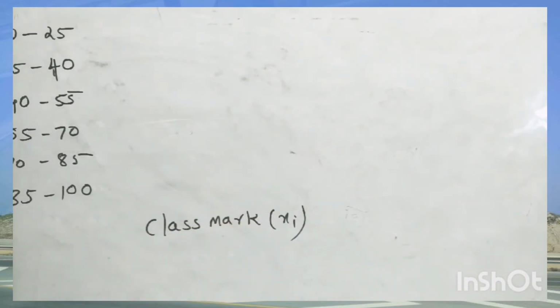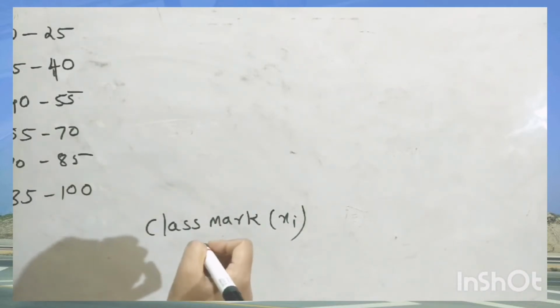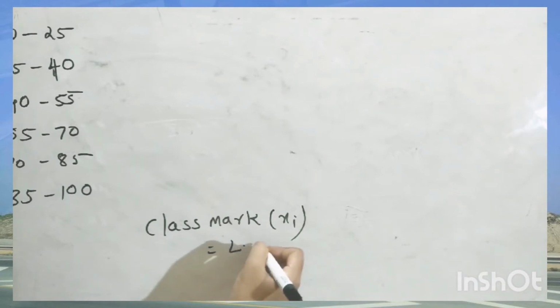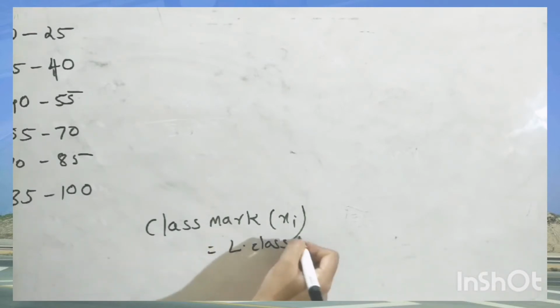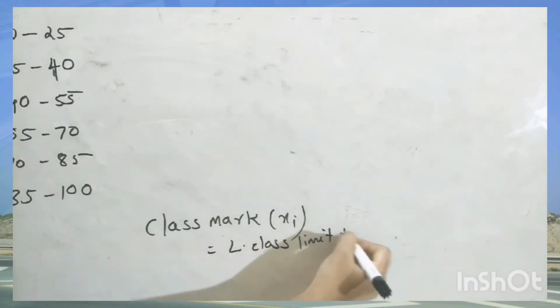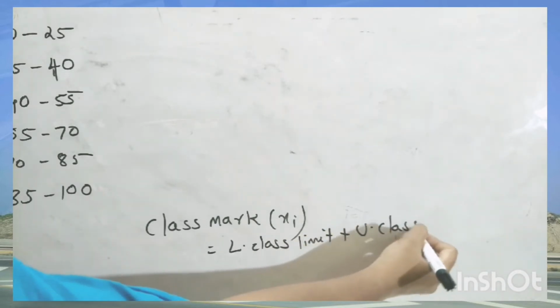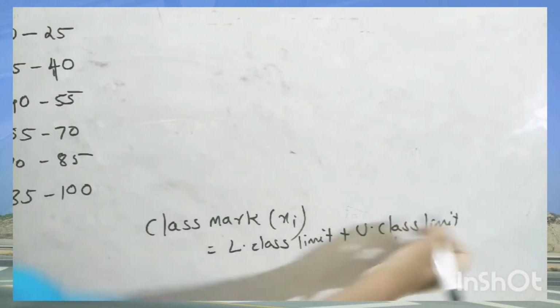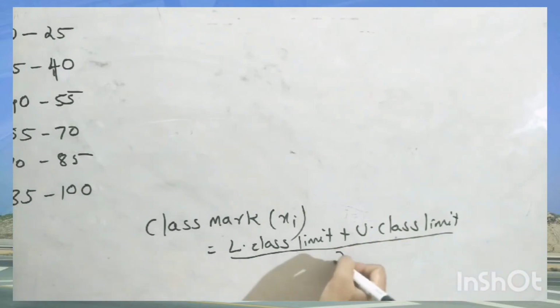The class mark, that is our xi, is lower class limit plus upper class limit, all divided by 2.